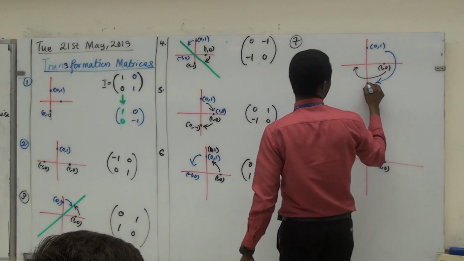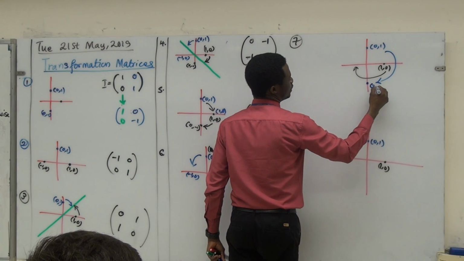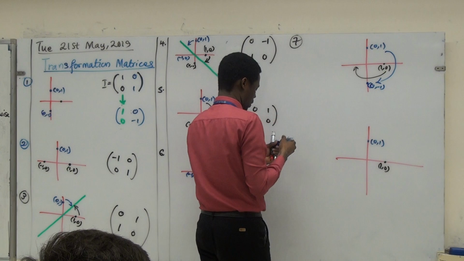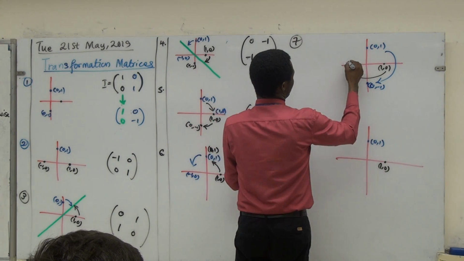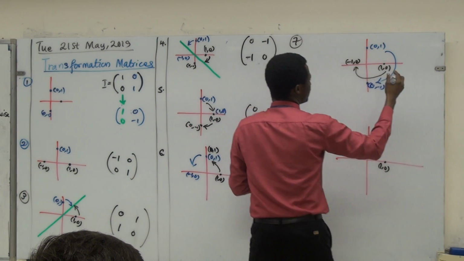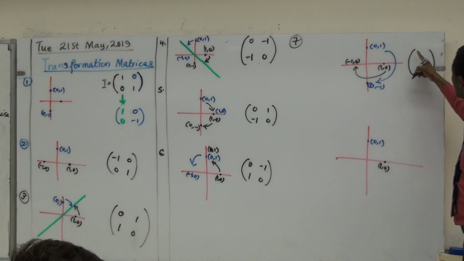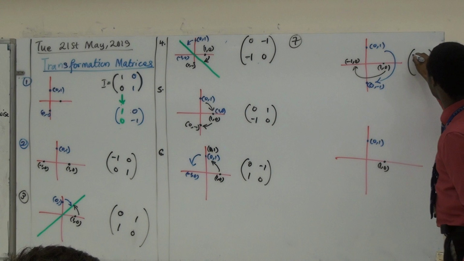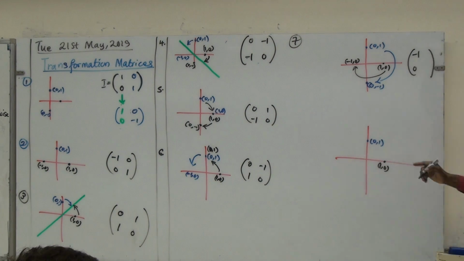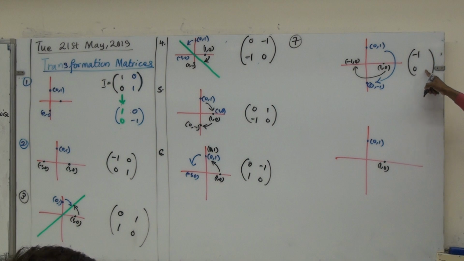So where is this point? 0, negative 1. And where is this point? Negative 1, 0. So the transformation matrix, therefore, for the first column of 1, 0 is negative 1, 0, right? And for the second column of 0, 1 will be 0, negative 1. So that's the transformation matrix.